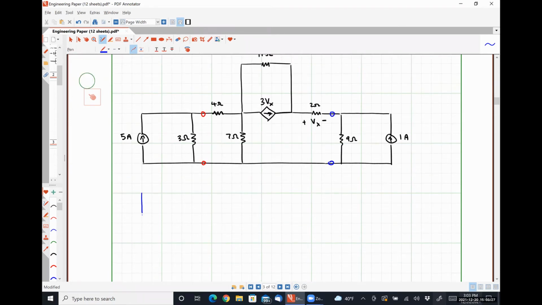So I take this 5 amp source and this 3 ohm resistor out and perform a source transformation.